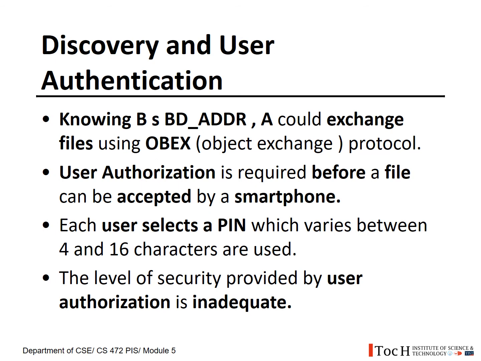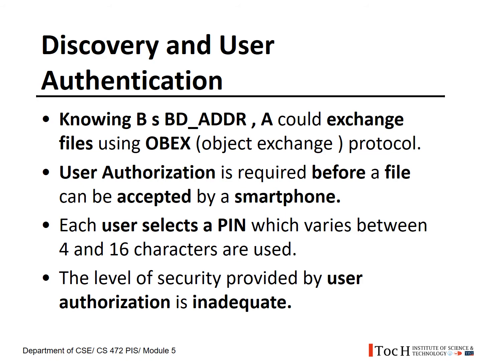Let's continue on the discovery and user authentication procedure. Suppose A and B are the two Bluetooth devices in communication. A could exchange files with B only if A knows the Bluetooth device address of B. Knowing the Bluetooth device address of B, A could exchange files using Object Exchange Protocol.